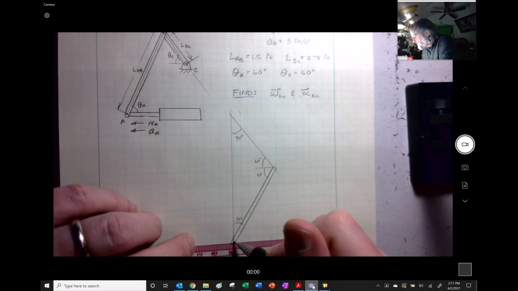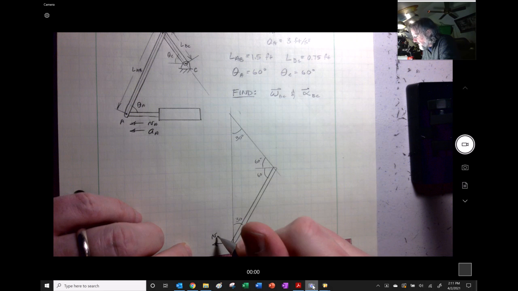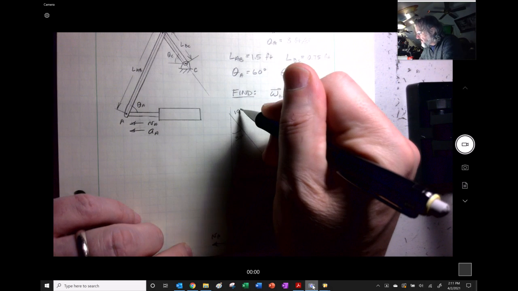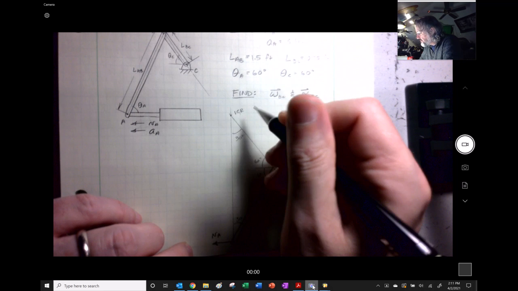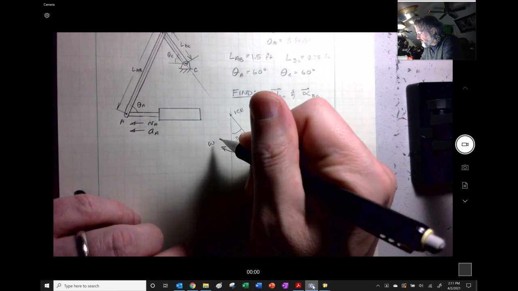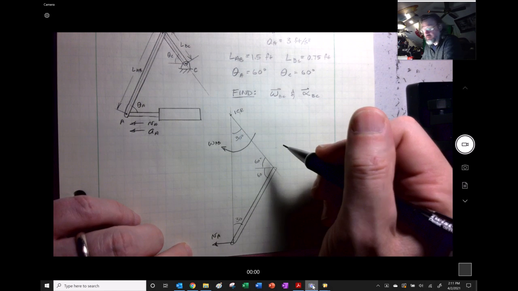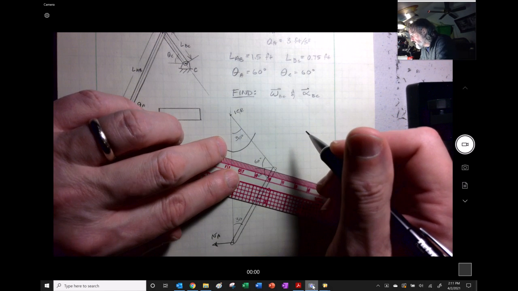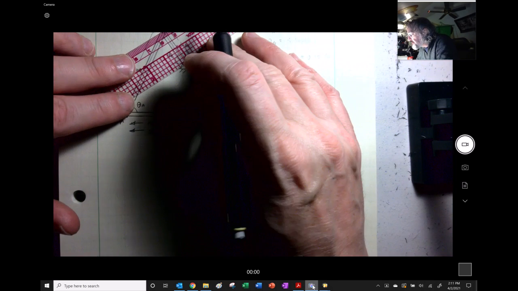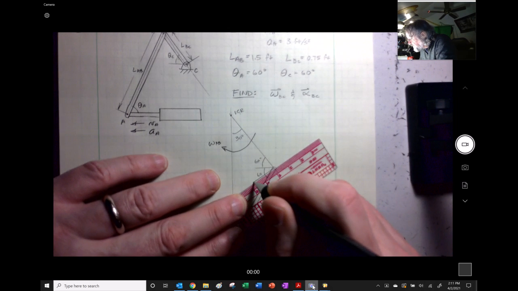So the velocity right here, this is VA, it's going in this direction. So that's the ICR up here. So the angular velocity of this is omega AB. It's coming in this direction. So therefore, this thing is going to have a velocity, kind of something like that right there.